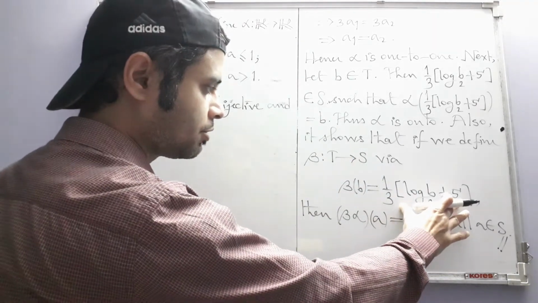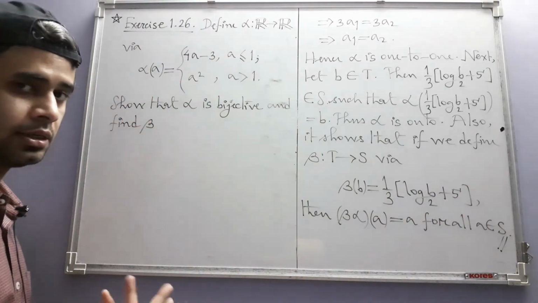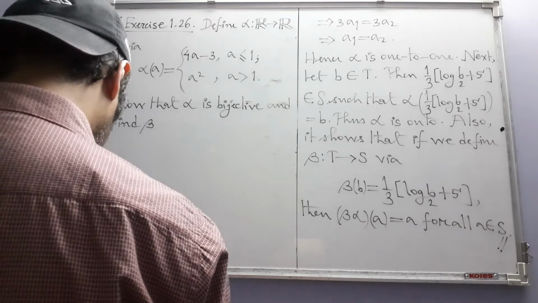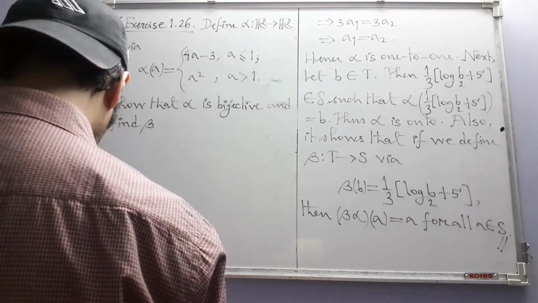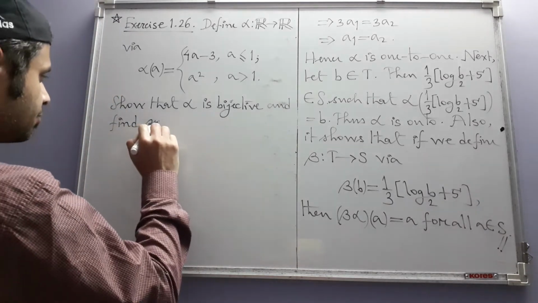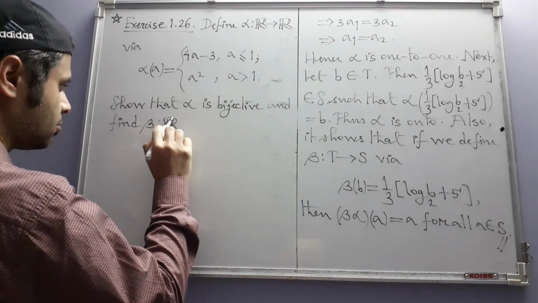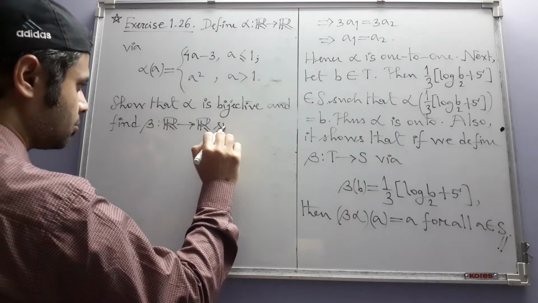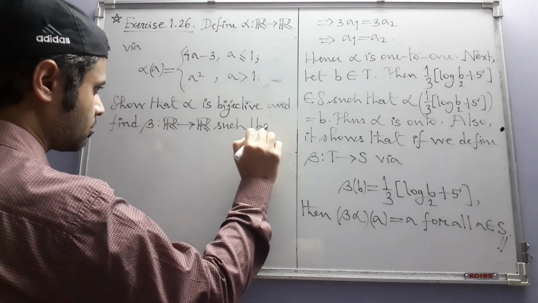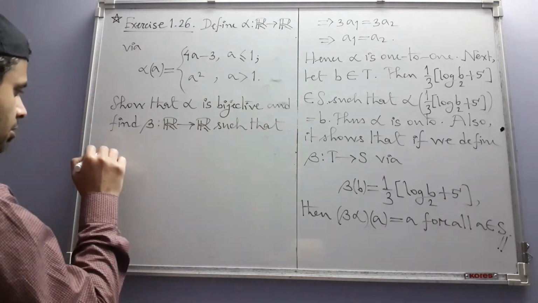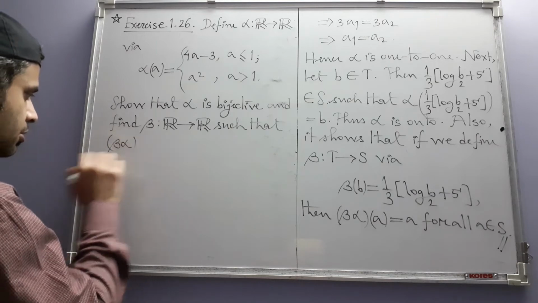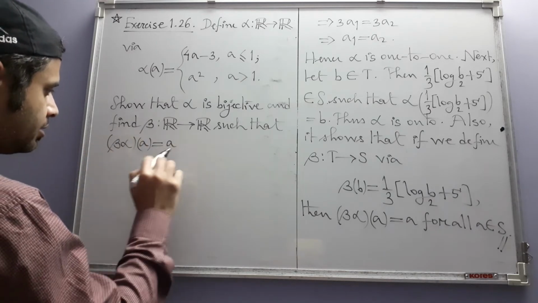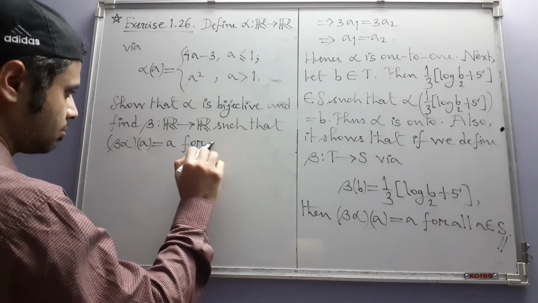From the formula for that inverse image, you easily get the inverse function. Find beta again from R to R such that the composition beta alpha behaves like the identity function on R.